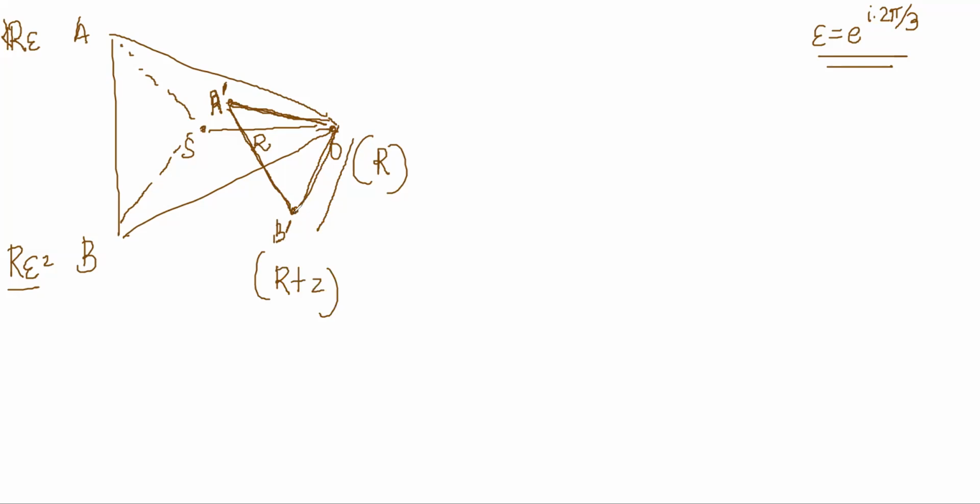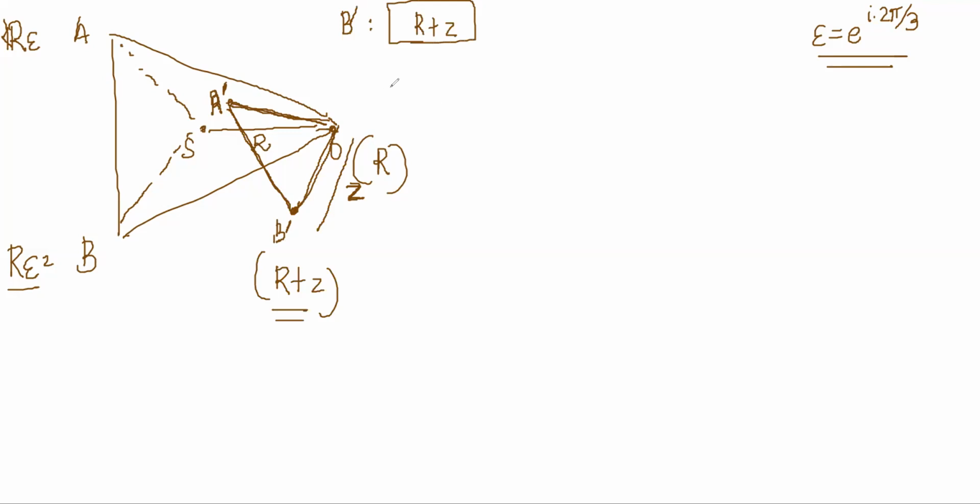Because you can start from origin, go to R, and then R plus Z, right? If this segment is called Z, then you can say R plus Z is B dash, right? Yes, sir. So I'm going to assume B dash is R plus Z complex number.